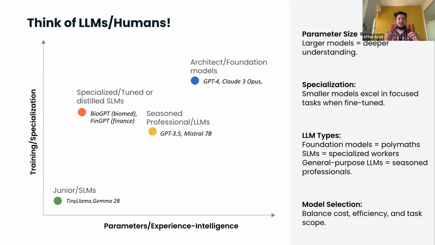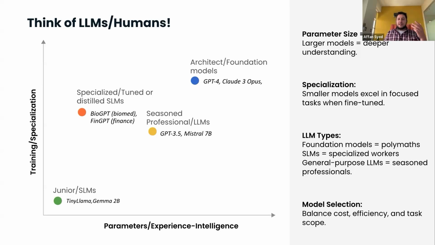Taking this analogy, you would think about early interns as juniors, or very small language models. Very minimal, just fresh out of graduate school, able to do somewhat, but not a lot of practical work.